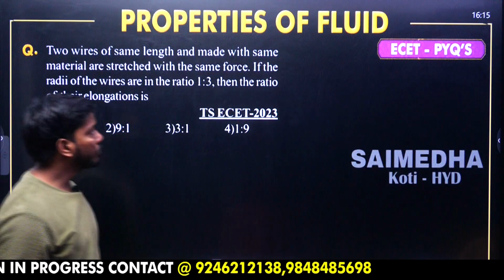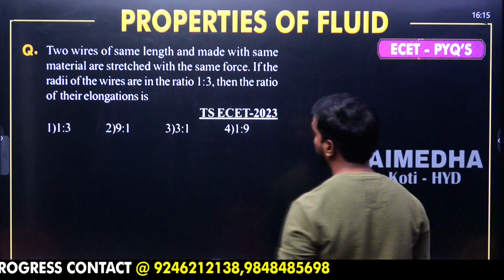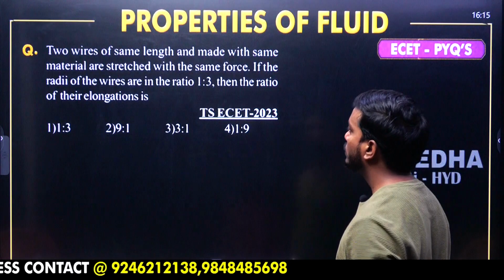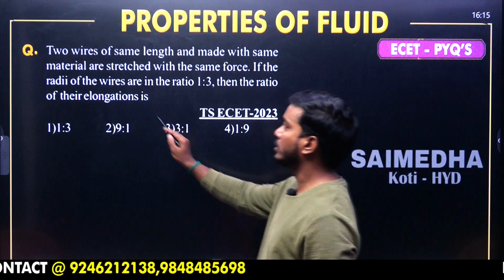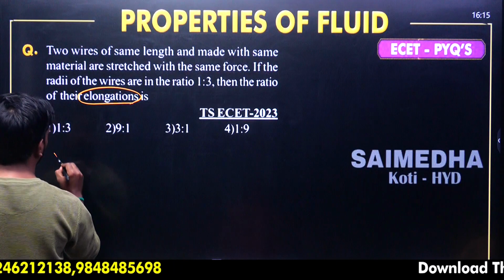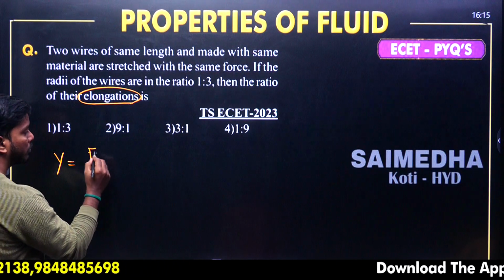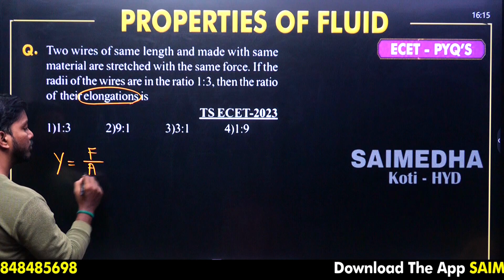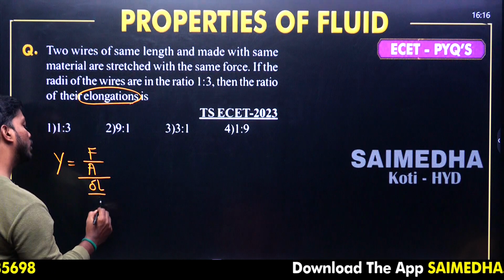Two wires of same length are made of same material. First of all, let me write the formula for elongation, because the question asked is elongation. We know the formula for Young's modulus is equal to force by area whole divided by change in length by original length.